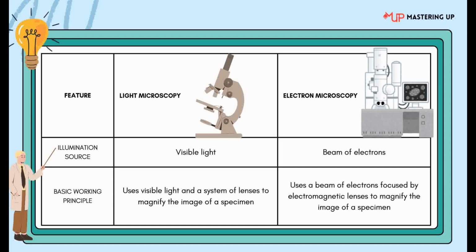The specimen must be in a vacuum, and the electrons either pass through or scan its surface, creating detailed images of cellular structures. While it offers a greater detail, electron microscopy requires a more complex preparation of samples, and we will see the steps involved in detail further in this video.